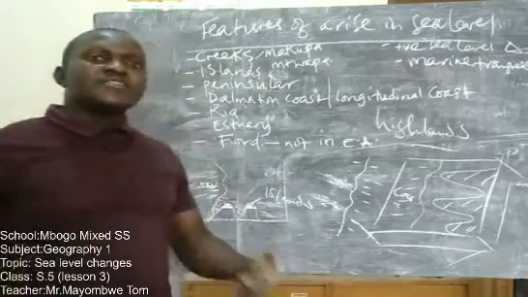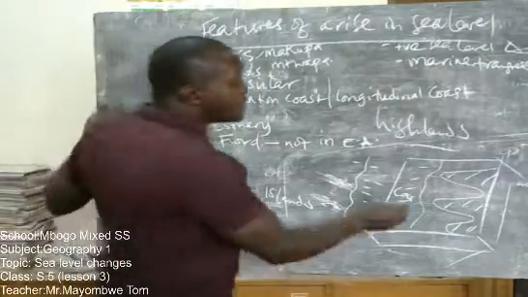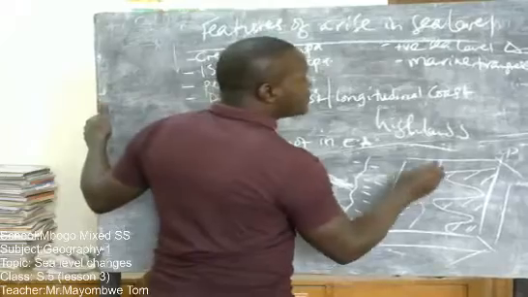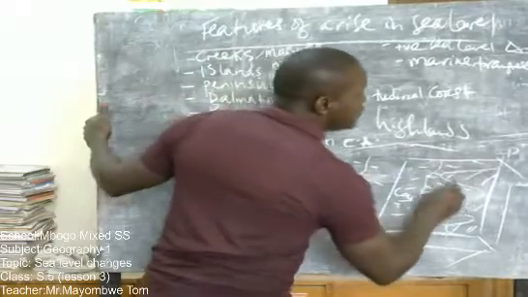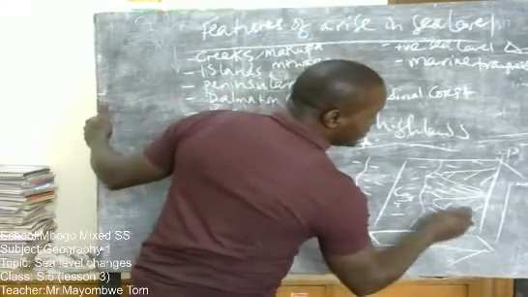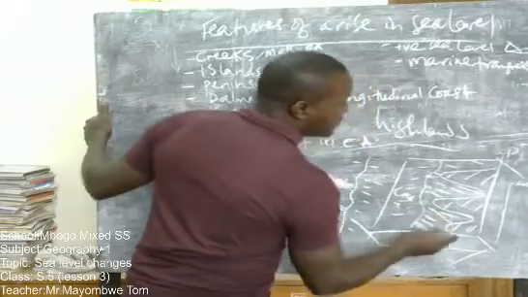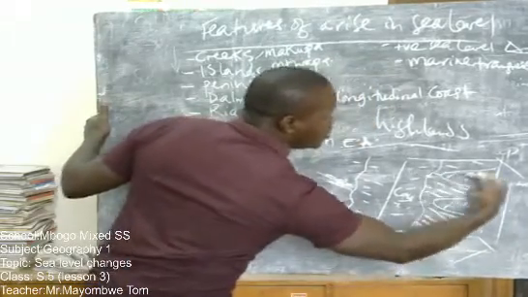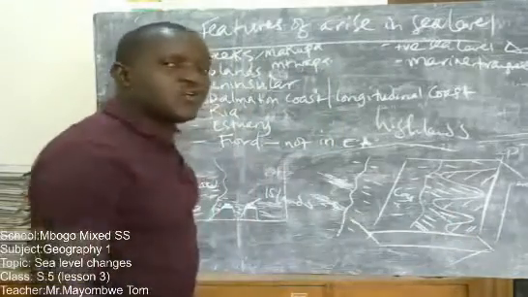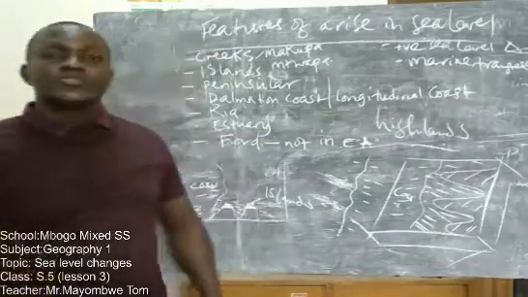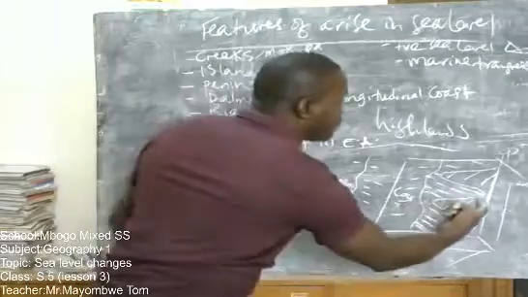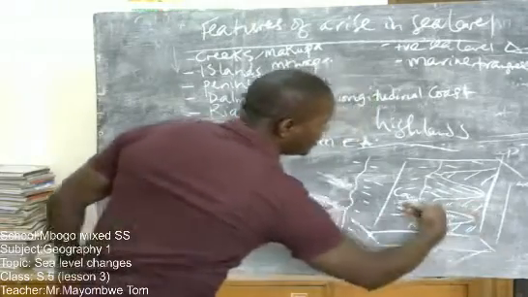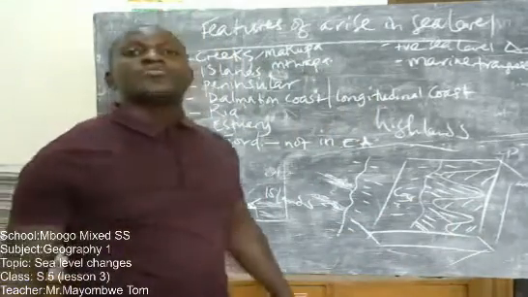So when a rise in the sea level occurs, water floods the coastal areas, and when it floods the coastal areas, it fills up the valleys. However, these highlands remain projecting into the water to form peninsulas. So a peninsula is a projection of land into the sea or into the water.